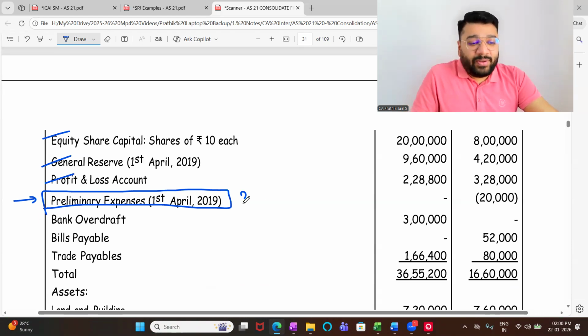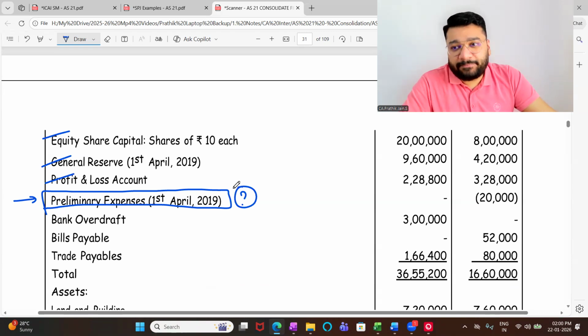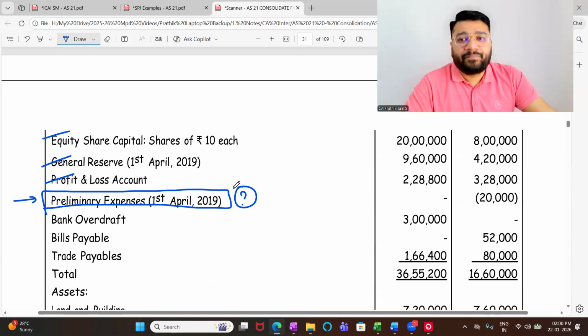Now the question is, what are we supposed to do with this? In Schedule 3, whenever we come across the terms preliminary expenses, miscellaneous expenses, discount on issue of debenture, loss on issue of debenture, advertisement suspense, deferred revenue expenditure, we term all of these a kind of fictitious asset.